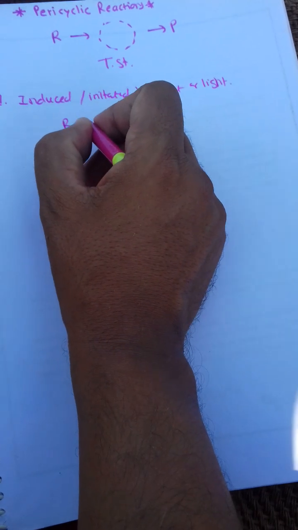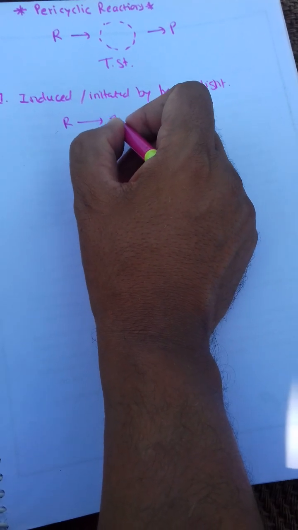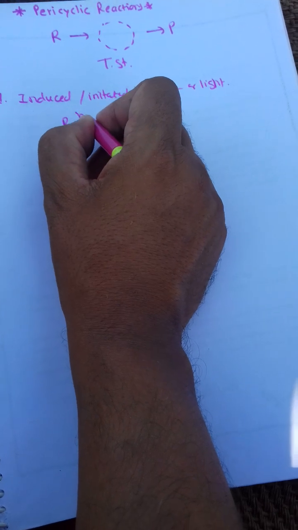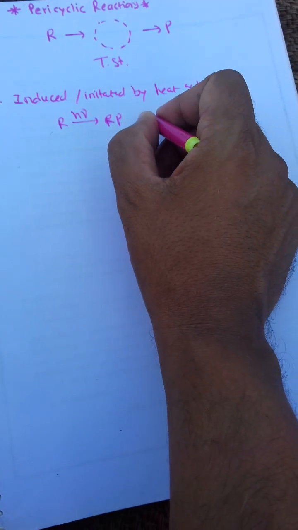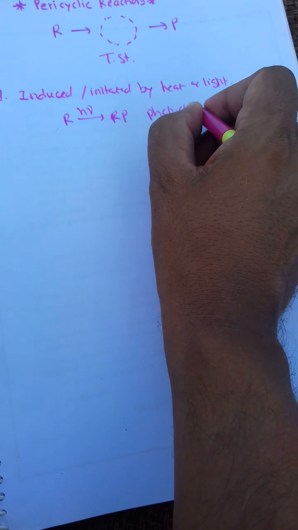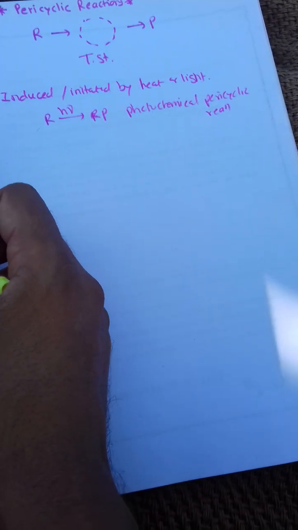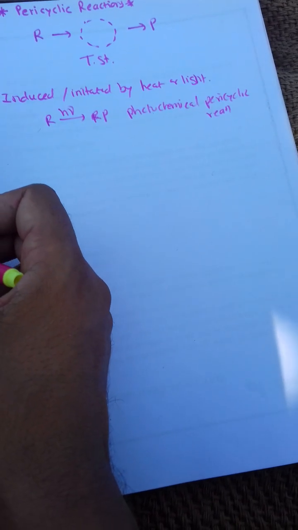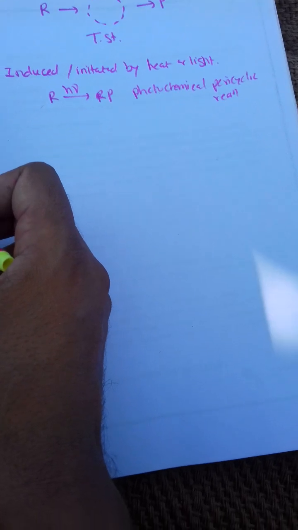Whenever we start this reaction by light, this reaction is called a photochemical pericyclic reaction.